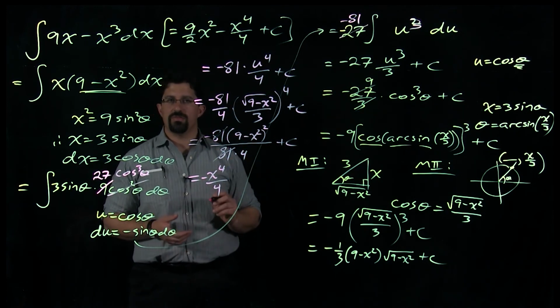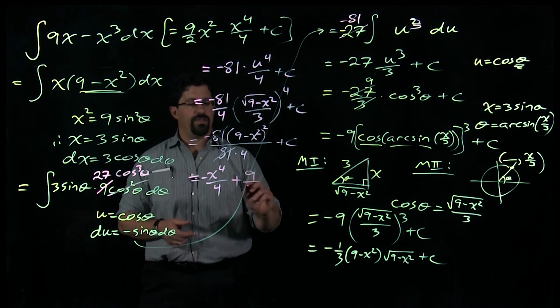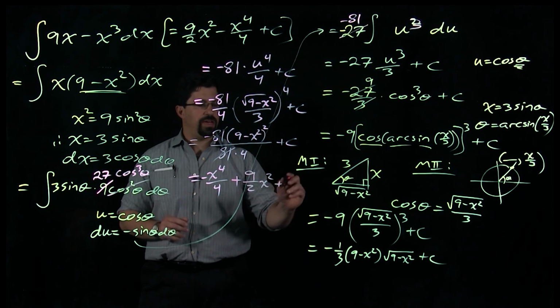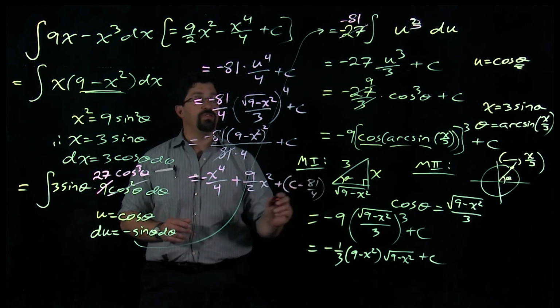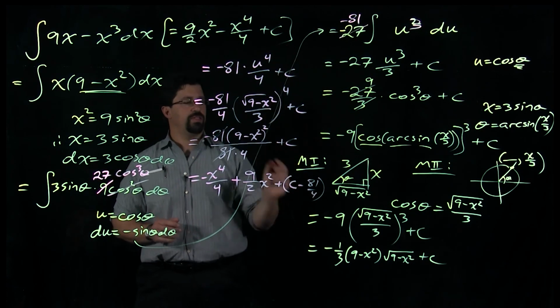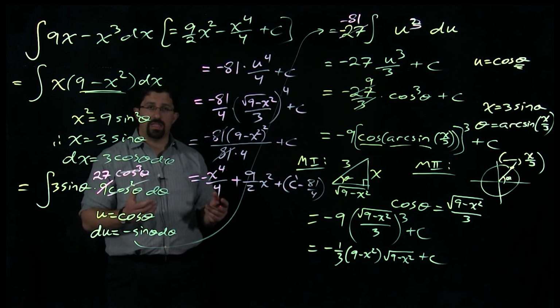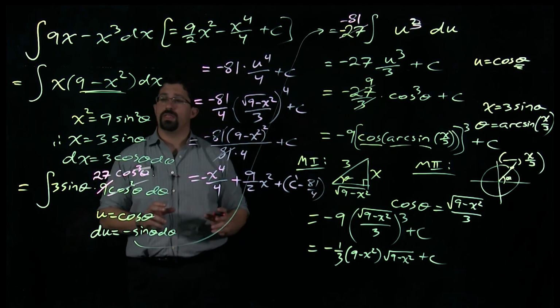An extra minus sign over here makes it positive. Divided by 4, we have 9 over 2 x squared. And then plus some constant minus 81 over 4. This constant is different than that one. Let's put a little prime over here. Right, they're slightly different, but we have the same integral showing up at the end.